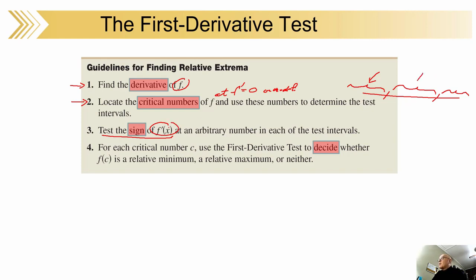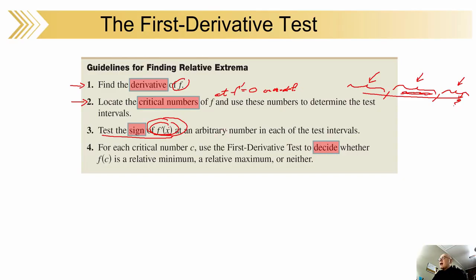Go over to the next one. Pick one of these numbers in here, any of them, put it into the derivative again, see if you get a positive or a negative. Then you go to the third interval, and as many intervals as you need to. Pick any number in here you like. Anything you like, your choice. Put it into the derivative, find out whether it's got a positive or negative value.